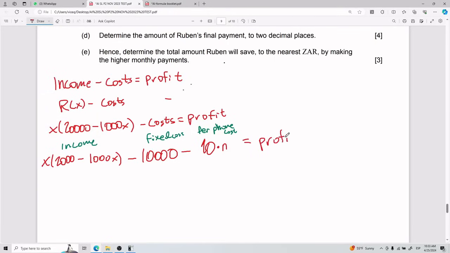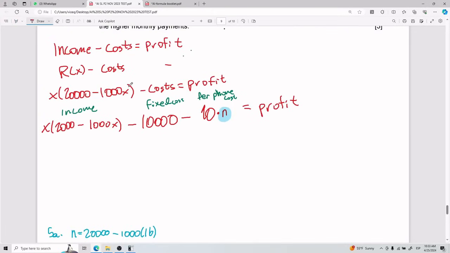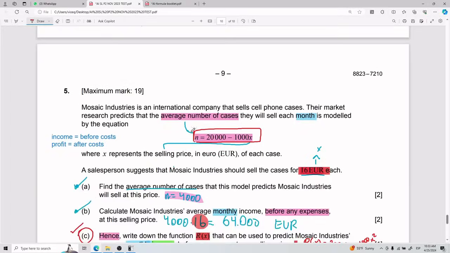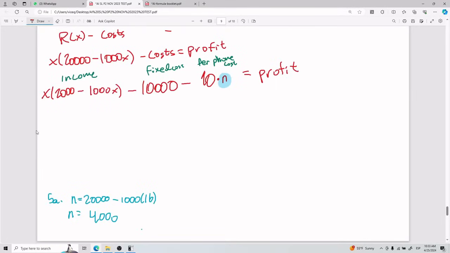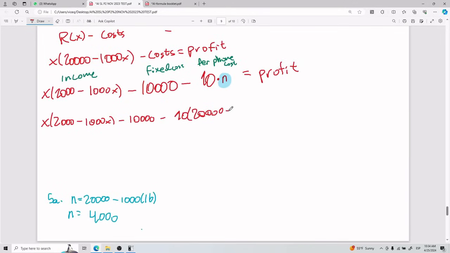All right, guys, earlier we said that we wanted to have it all in terms of x and not n. What did we say n was? We said that n was this. And so now my income, well, stays the same. Your fixed cost is literally right there. And your per phone cost is 10 times n, n being 20,000 minus 1,000x.